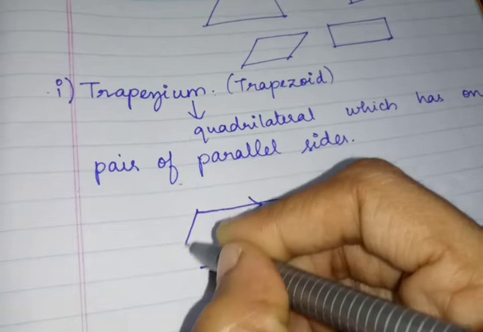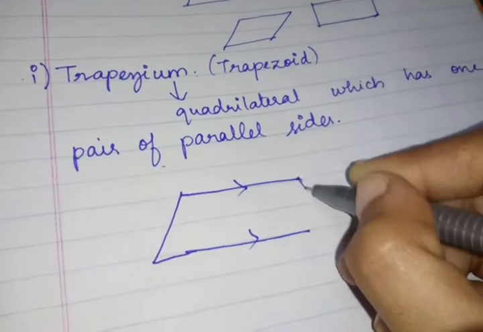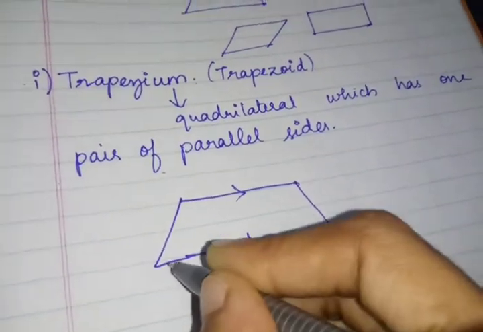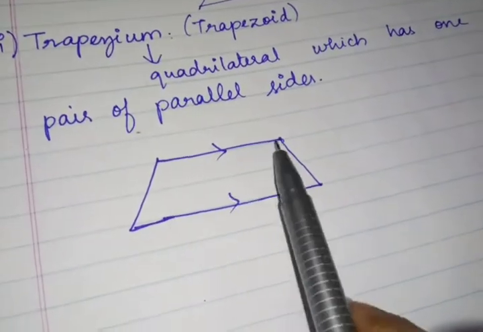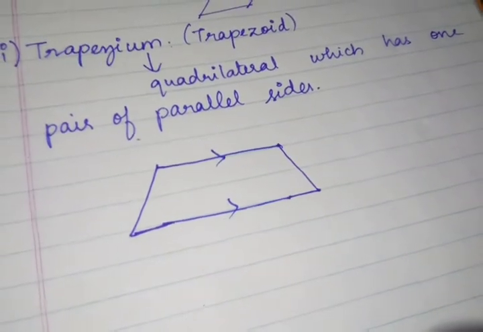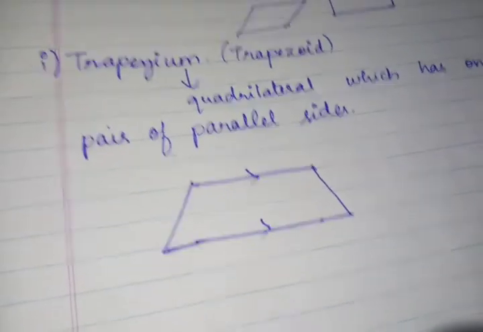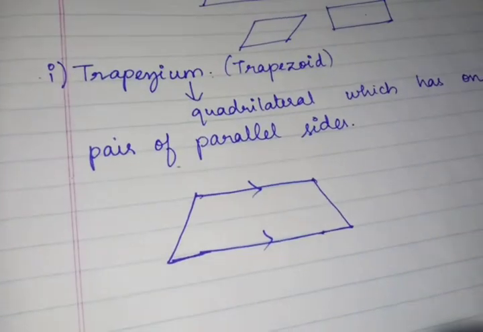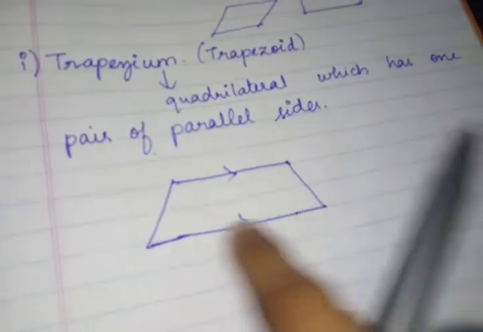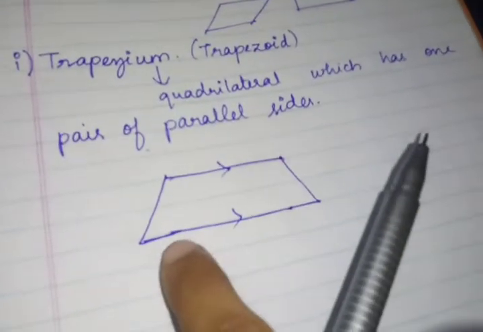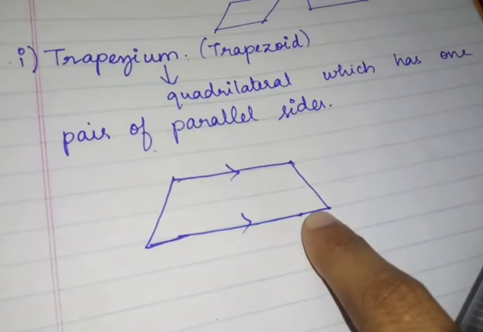So when I draw a line like this, see, both the lines are parallel to each other. But this line sometimes need not be parallel. So this is one trapezium. This line segment and this line segment are parallel to each other.